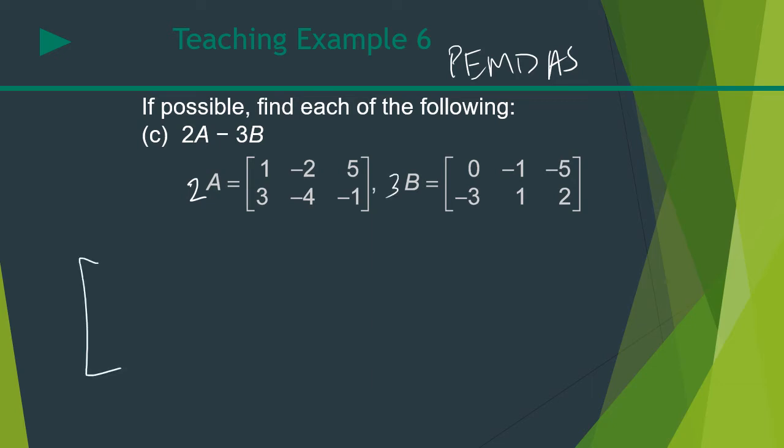Okay, so I'm going to write it all out. So I'm going to have 2 times 1 minus 3 times 0. That's my first new element, right? And then I'm going to have 2 times 3 minus 3 times negative 3. And my next one's going to come from negative 2. So I have 2 times negative 2 minus 3 times negative 1.